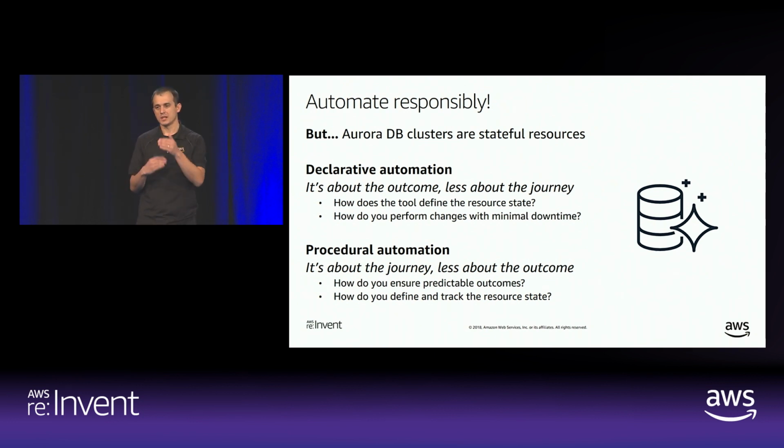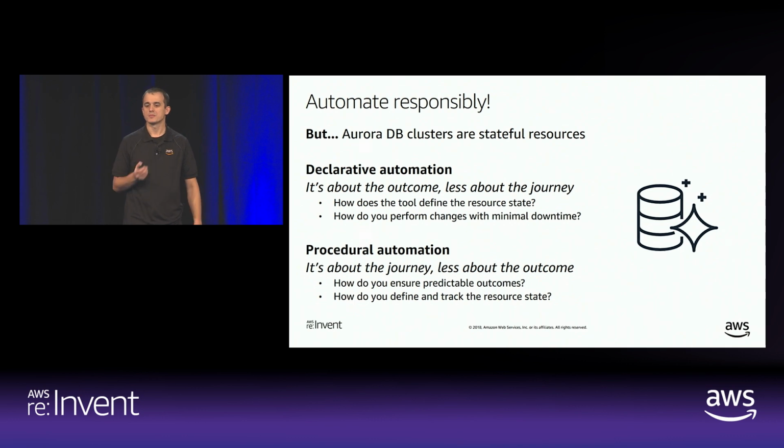If you apply the set of transformations and steps to your infrastructure to get you from point A to B, and it turns out that your cluster is not in an expected state from a point A perspective, you might also not get to B. So there are different kinds of considerations, but typically tools like CloudFormation and Terraform are very, very popular as far as deploying and managing Aurora clusters.